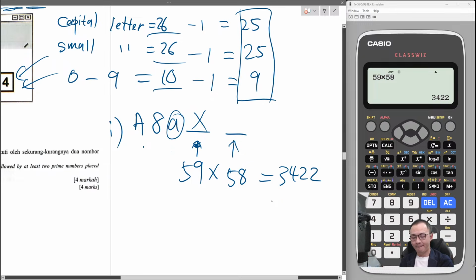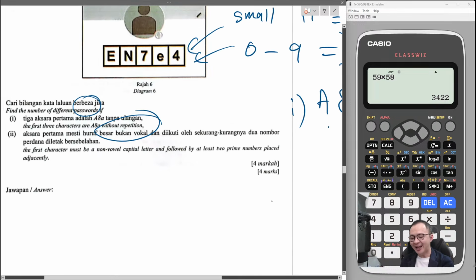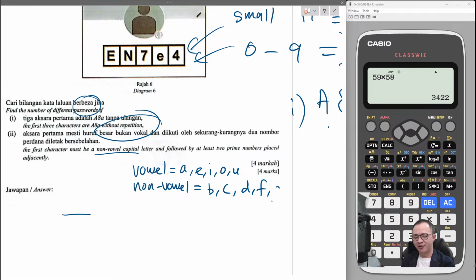Okay, then for part 2, the first letter must be a non-vowel capital letter. That means this one must be non-vowel. You should know the vowels are A, E, I, O, U. Non-vowel is non-A, E, I, O, U, which is B, C, D, F, G, and so on.